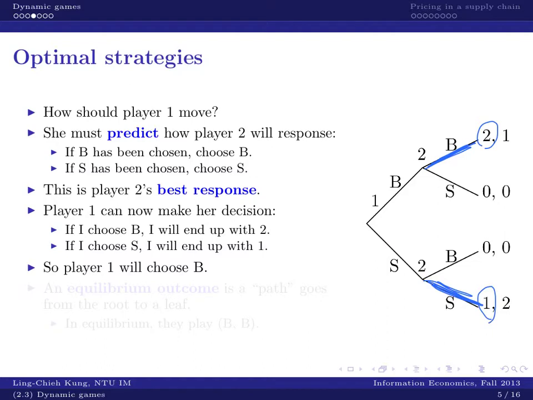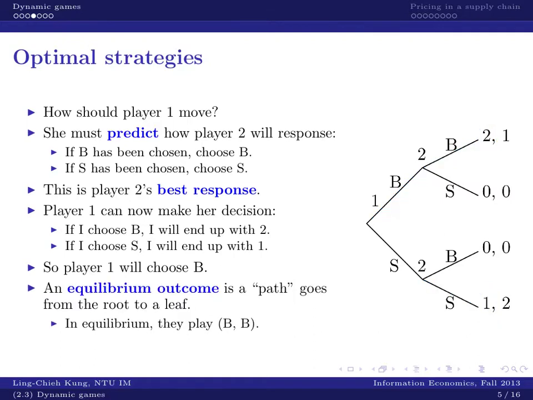So player 1 will choose B as his decision. Certainly this is based on his prediction of player 2's behavior. An implicit assumption here is that all the players are rational, and that's why player 1 can predict what player 2 will do.